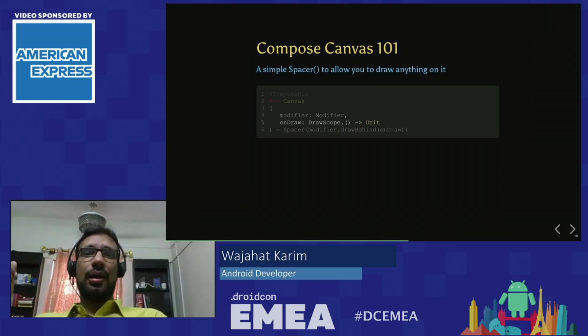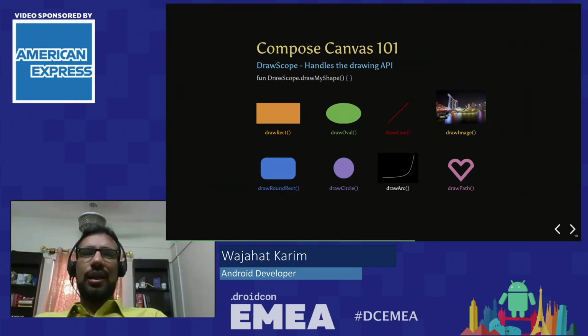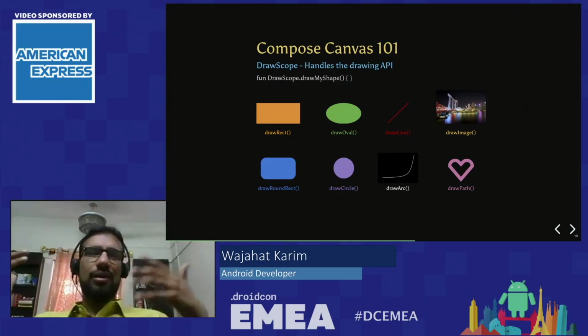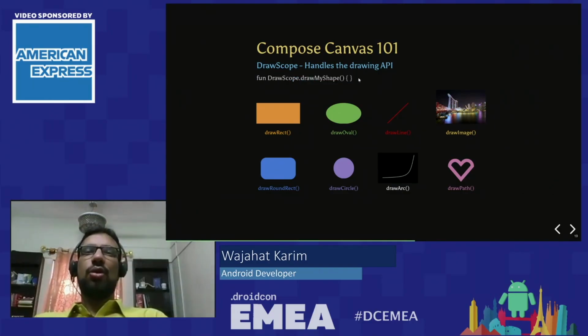Canvas comes with methods like rectangles, ovals, lines, and images. If you want to create your own shape, you need to define an extension function from a draw scope, because once you are inside the canvas, you won't be able to call any composable inside it. So you need extension functions on draw scope.